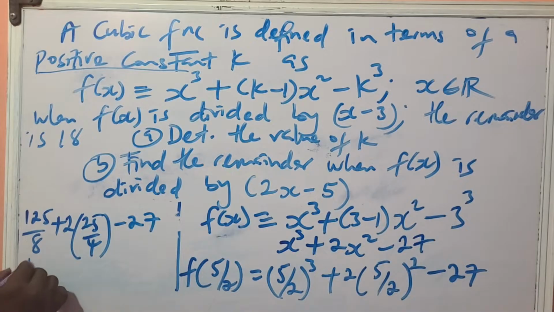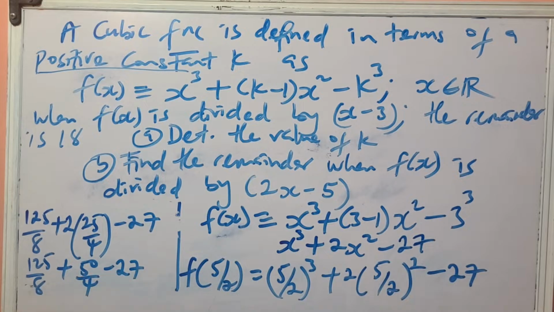That will be 125/8 plus 50/4 minus 27. I'm sure you can all relate to what I'm doing. This is just normal arithmetic. And if you go on to solve this, you'll get the final answer of 9/8.